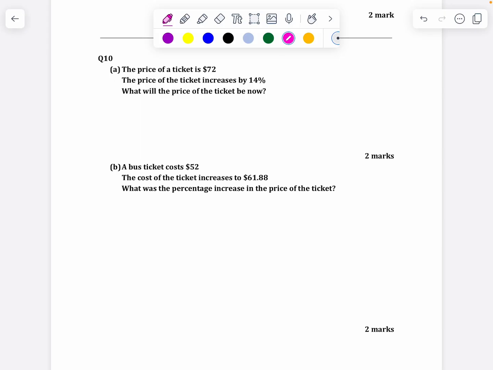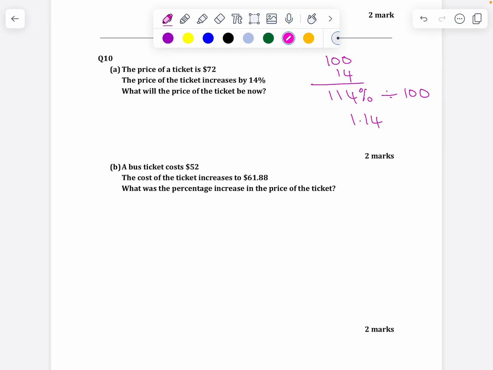Question 10, we're doing a percentage increase. So again, like I did before, 100% plus the 14% gives us 114% in total. Divide by 100 gives you the answer as a decimal, which is 1.14.